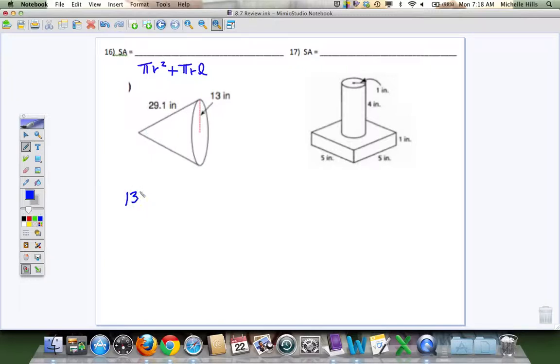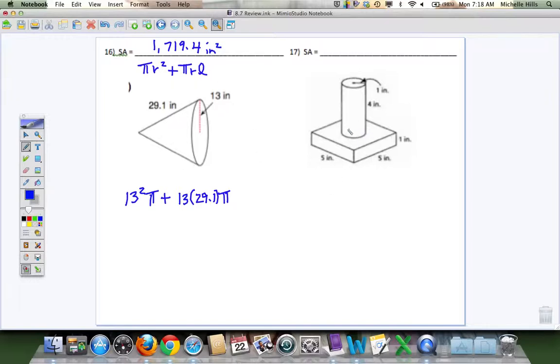So radius squared pi is the circle, plus the radius times the slant height times pi is the rest of it. And it says to round answers to the nearest tenth of a square centimeter, so I'm not going to leave these pi's in here. I'm going to calculate this out. And I end up with 1,719.4 square inches.